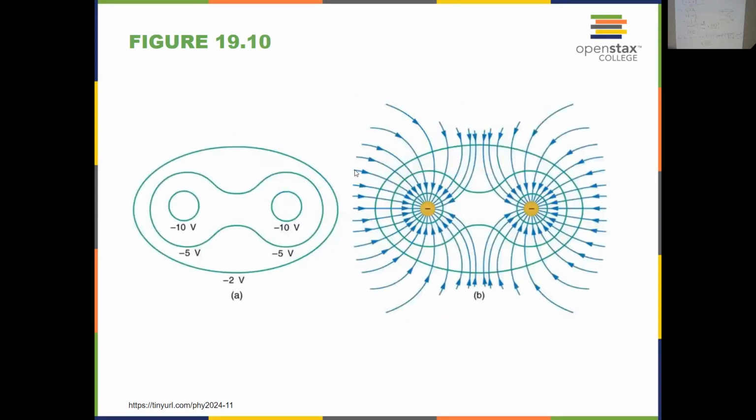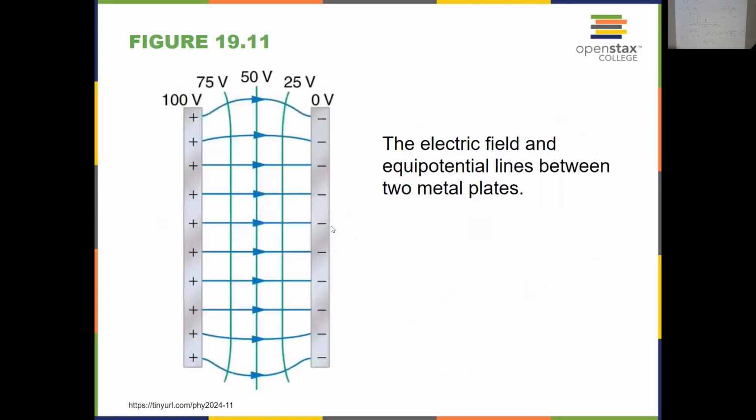So you might have something like this, depending on the distance of these two. But in the middle here, you'll have no electric field. The green circles here are the equal potential lines, as well as this green curve here, and this one, the oval shape.